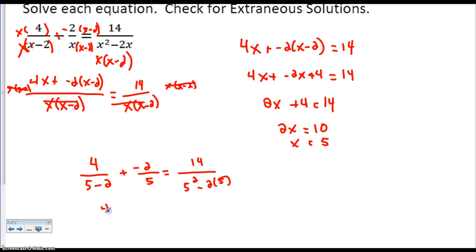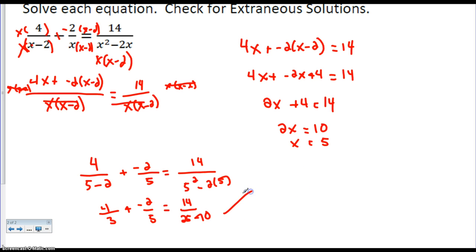So I got 4 over 3 plus negative 2 over 5 equals 14 over 25 minus 10.